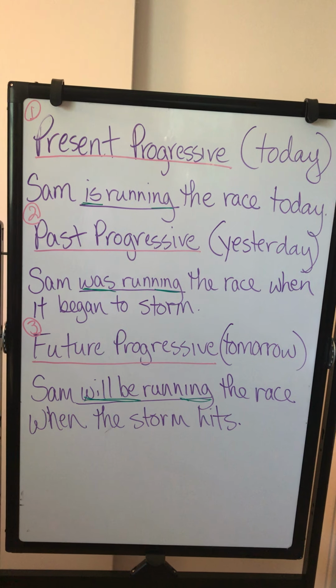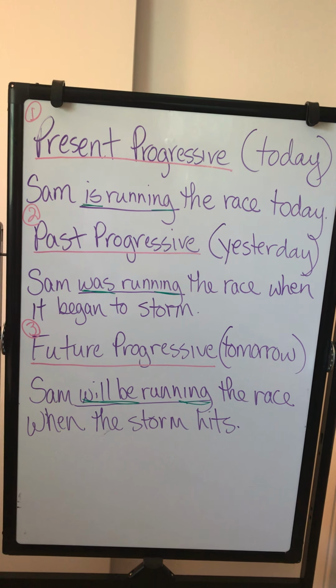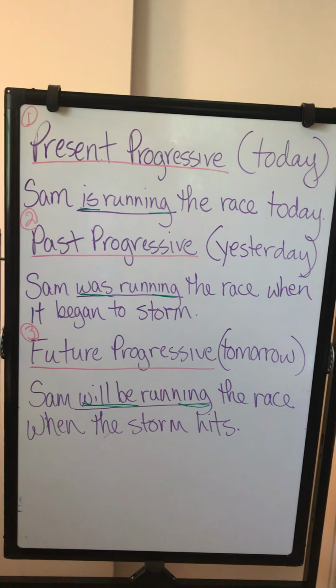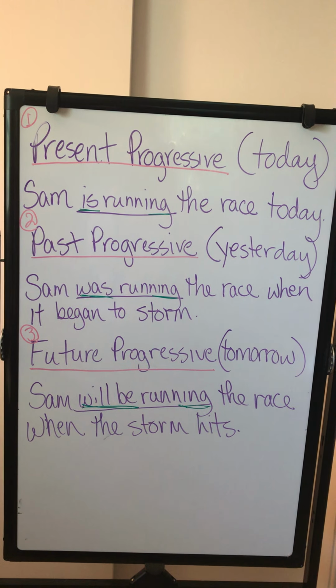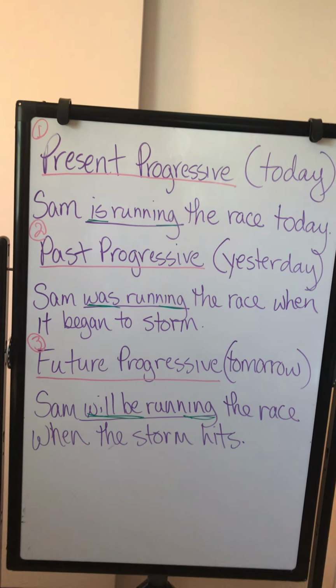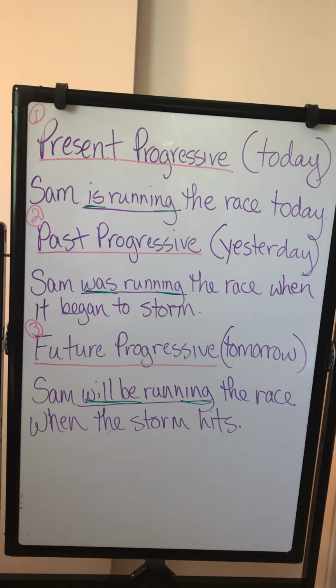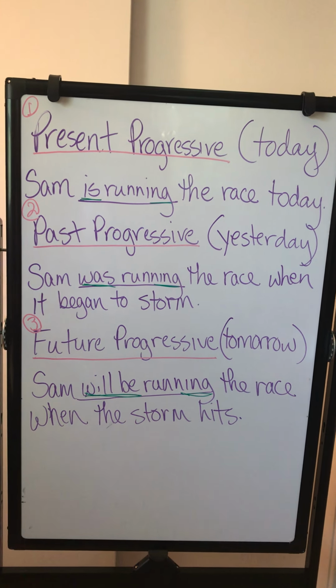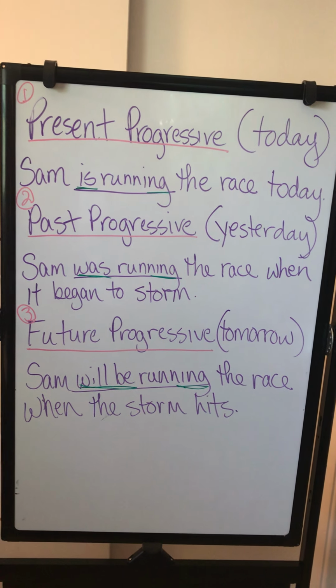Now, if you compare Sam is running the race to Sam was running the race, you will notice that running does not change. It ends in ing, it stays in ing. That word never changes. The word that changes in this progressive form is the helping verb, the verb to be. It goes from is running to was running.